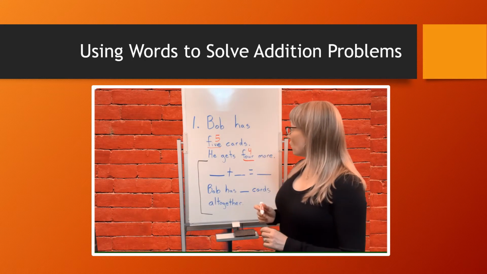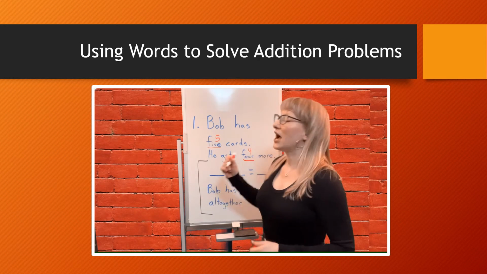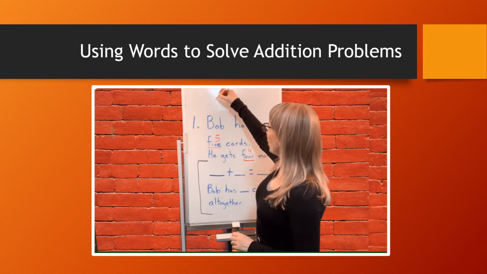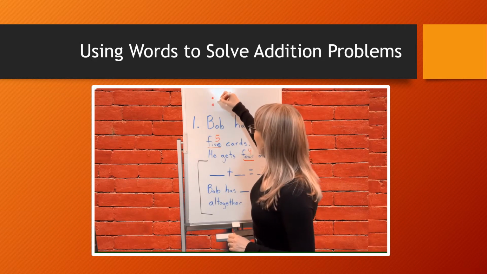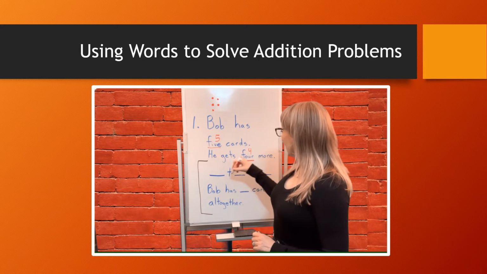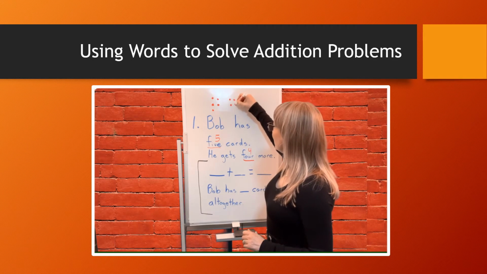He gets 4 more. Let's go ahead and draw that. I do want you to draw it. So he has 5 cards. 1, 2, 3, 4, 5 cards. He gets 4 more. 1, 2, 3, 4.